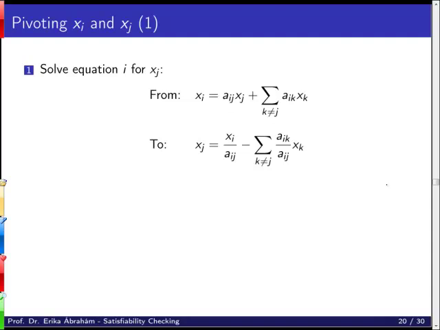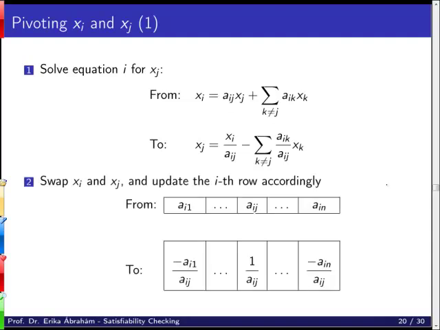This is the row. xi is the variable which is outside of its bound. This is the right-hand side, and xj is the variable which we take for pivoting. So we just reformulate the problem that xj comes to the left-hand side just by making minus this term, multiplying with minus the coefficient. And then I get a new form where xj is on the left-hand side. I can always do it because the term is linear. And now I can use this equation to pivot.